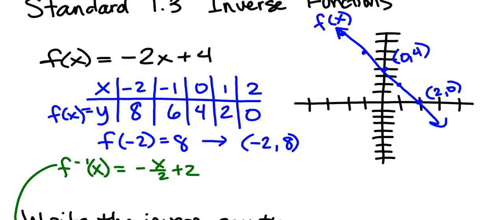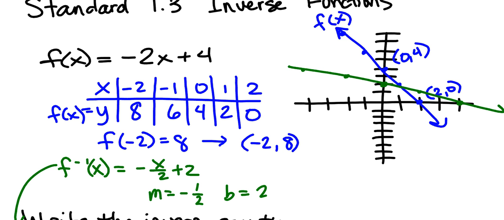Now, we know how to graph this line because we see a slope and we see a y-intercept. So I'm going to write my slope is negative 1/2. My y-intercept is 2. So for this, I could plot my y-intercept at 2. And my slope, I go down 1 over 2. Down 1 over 2. Or up 1 over 2. And I can connect my points. And I'm going to write that this is f inverse of x.